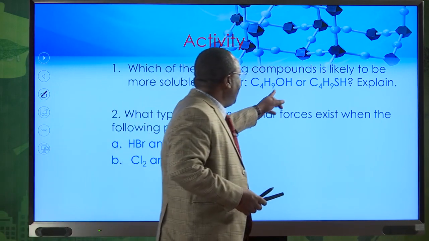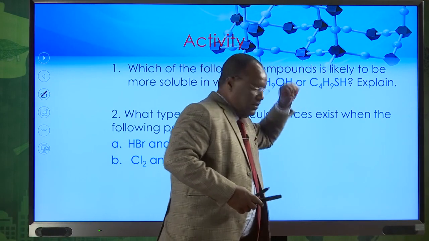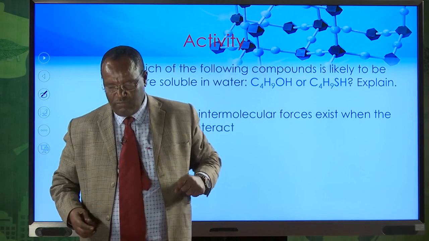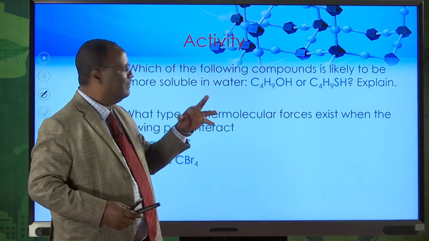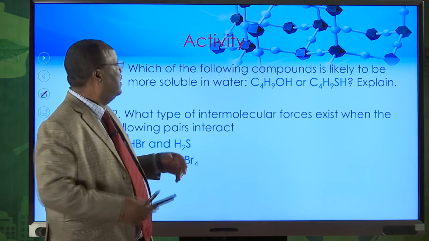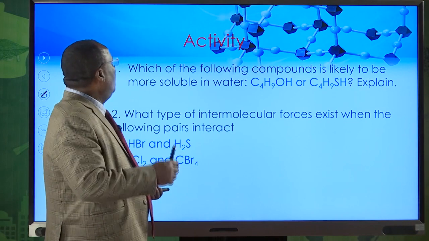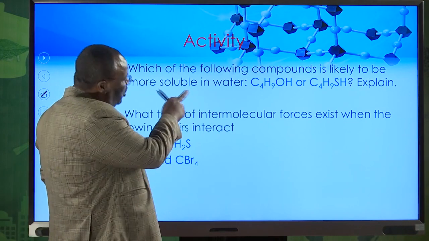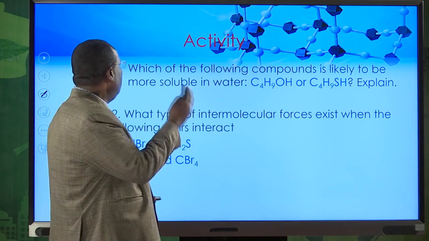You have to compare the electronegativity of oxygen to that of sulfur. Which one has the more electronegative value? Is it oxygen or sulfur? I think it is oxygen. So, which of these compounds is likely to be dissolved more in water?